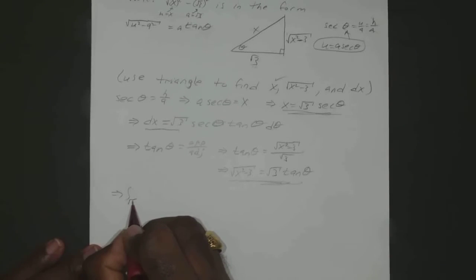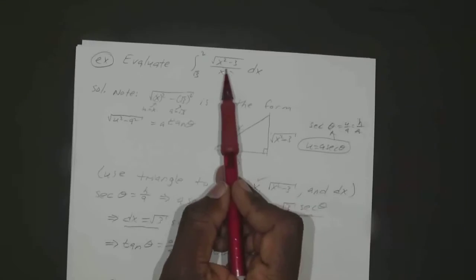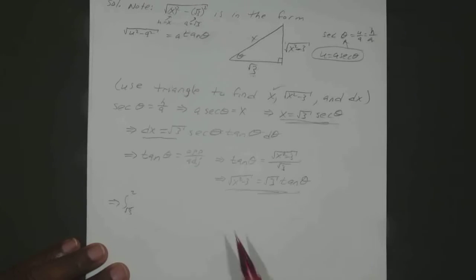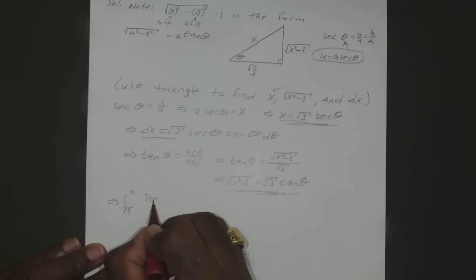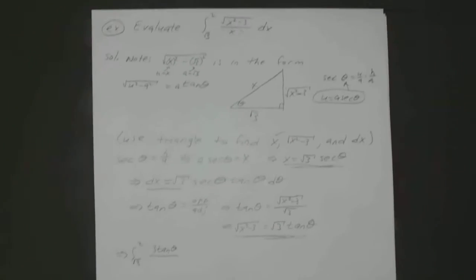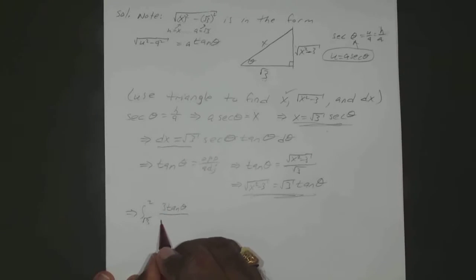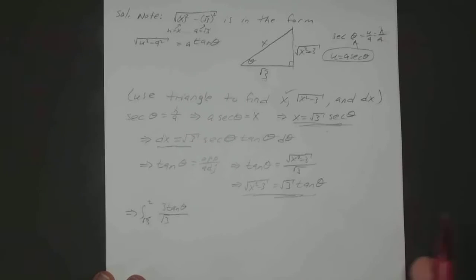Okay, so the integral from square root of 3 to 2. Our square root of x squared minus 3 is just square root of 3 tangent theta. Oh, did I leave that square root of 3 out for the tangent theta?